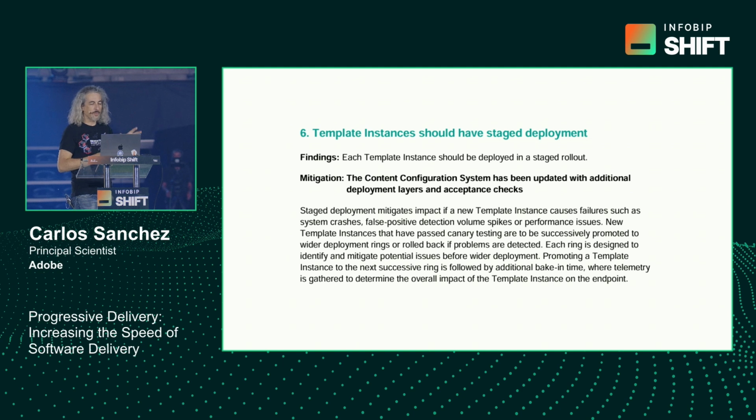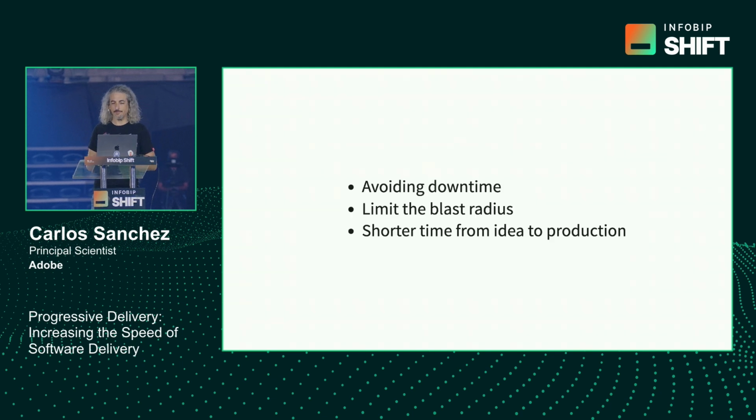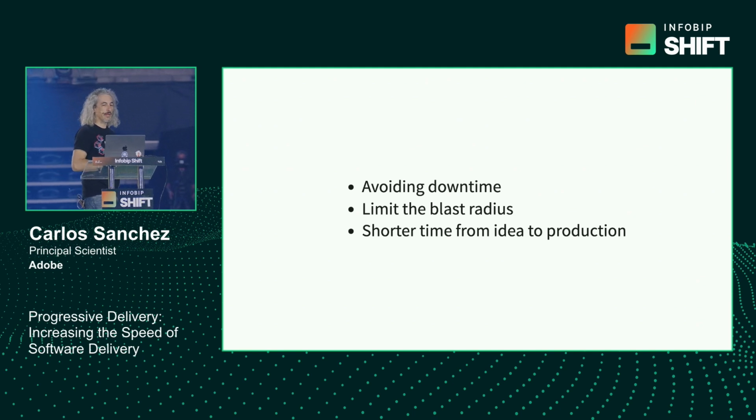They call it deployment rings, but basically it means a different percentage of users over time. So if there's a problem that takes out the computers where this is being deployed, at least you don't take all of them. You just take 1%, 5%, 10%, whatever it is, it's always going to be better than all of them. So progressive delivery is about avoiding downtime.